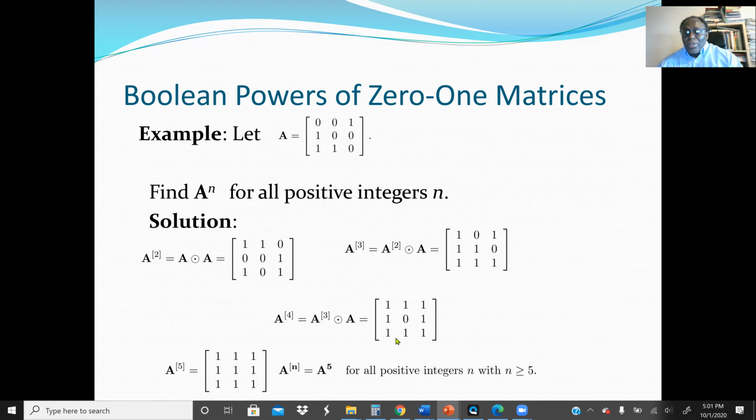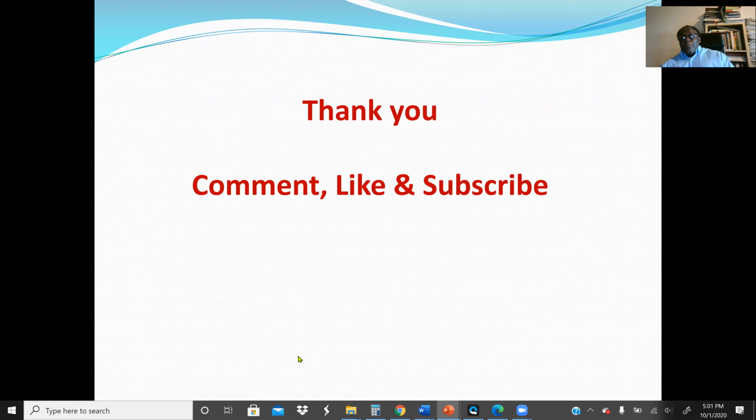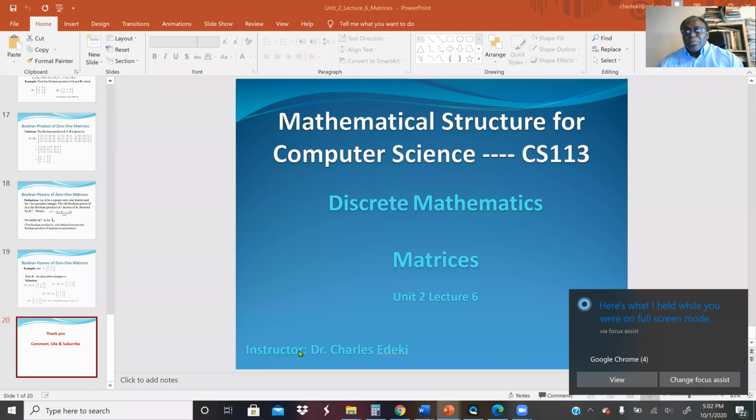Then 5: A to the power 4 times A, and we get 1, 1, 1. So when we get 1 throughout and no 0, we stop. Our solution is that n is either equal to 5 or more, because from 5 on, everything is 1.